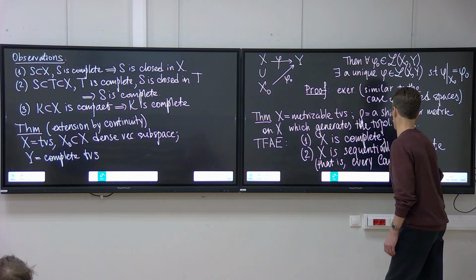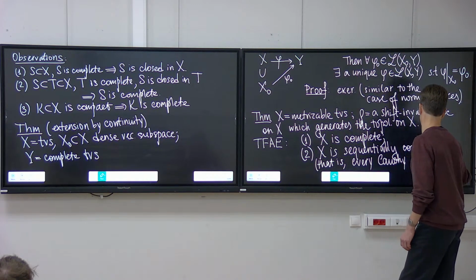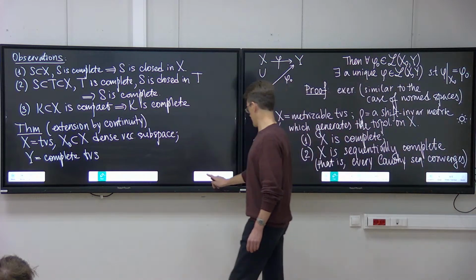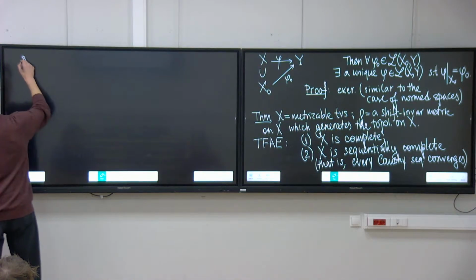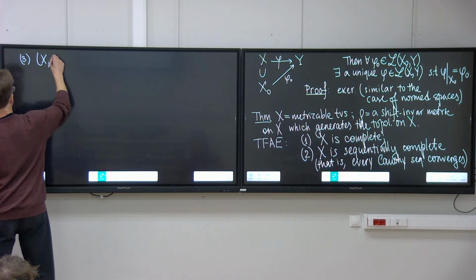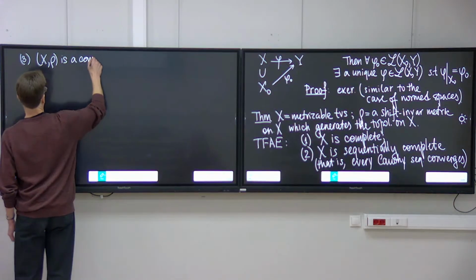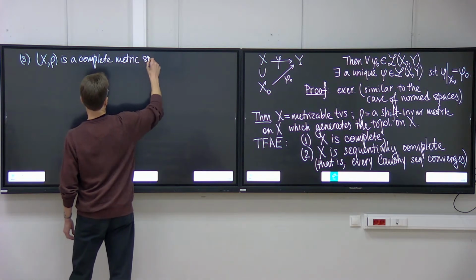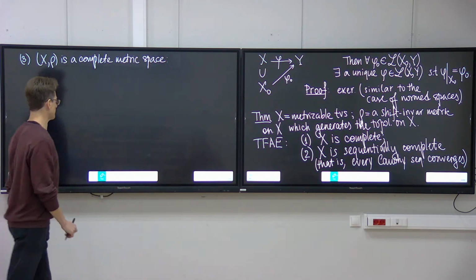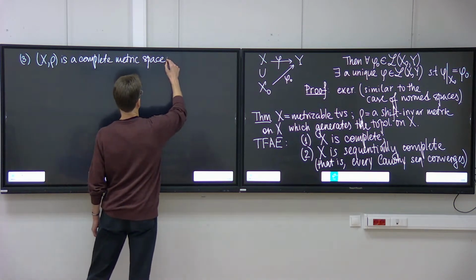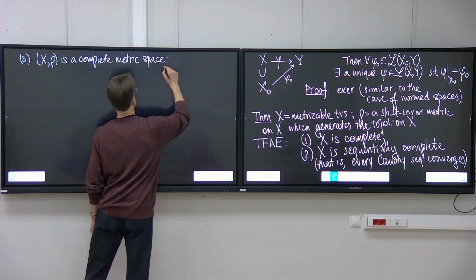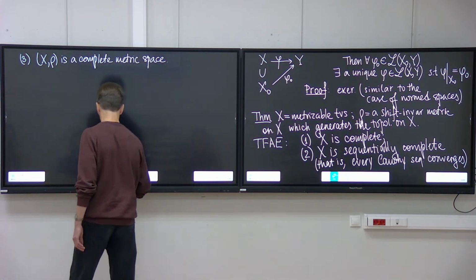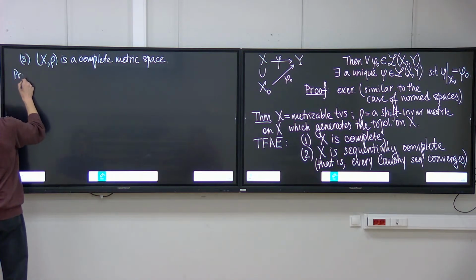And property 3, X is complete as a metric space with respect to rho. Again, the proof is an exercise for you.